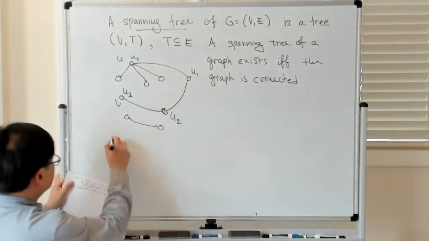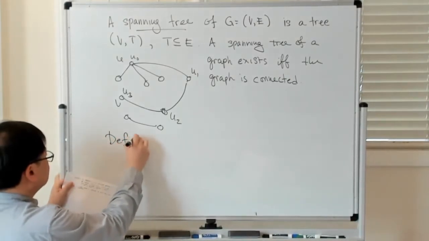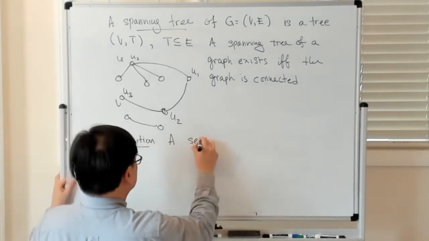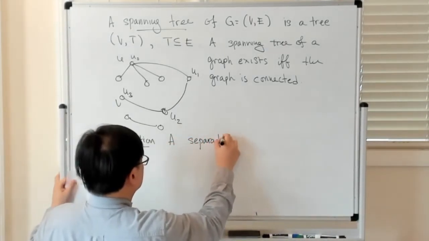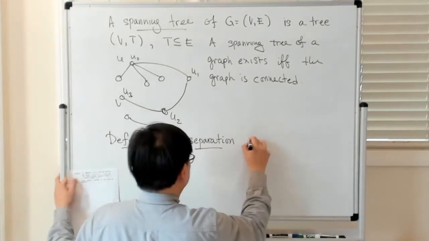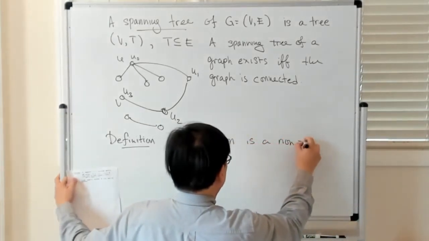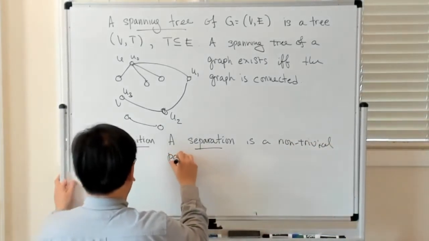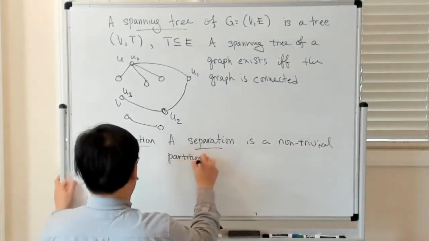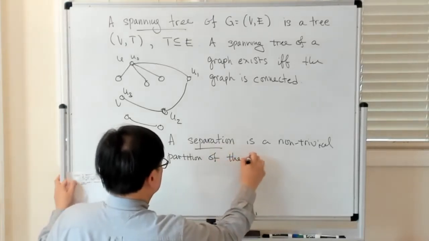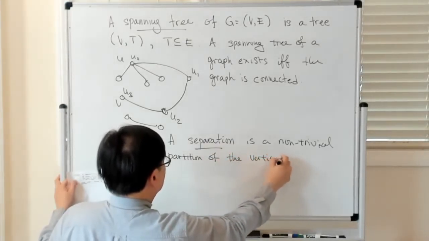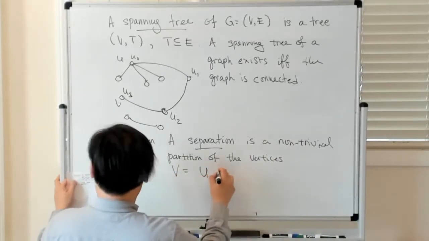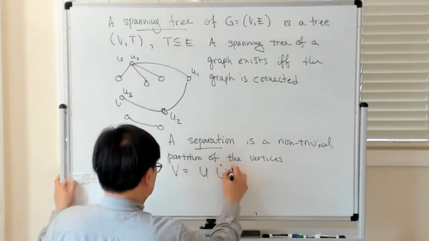So, all right. A separation is a non-trivial partition of the vertices. So we start with this vertex set V, right? And want to write it as U union W, right?